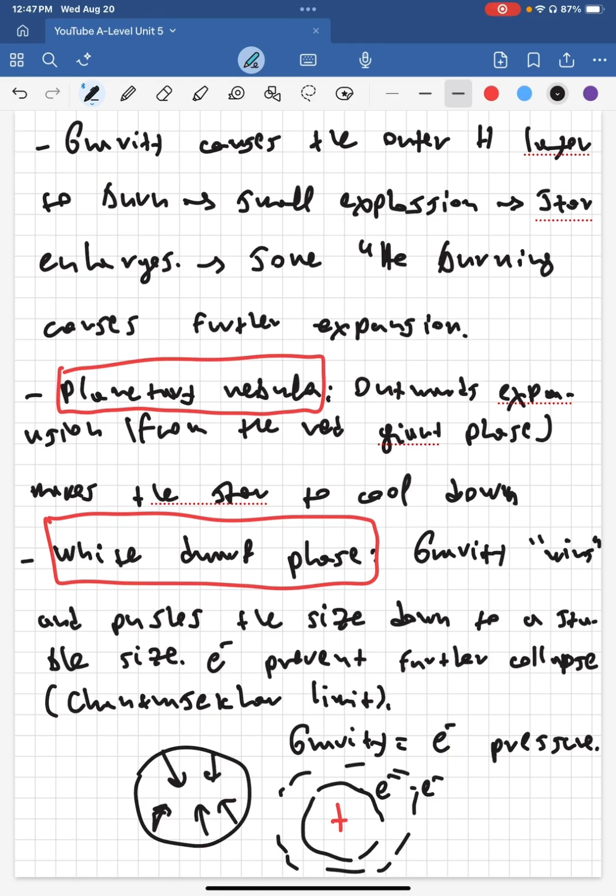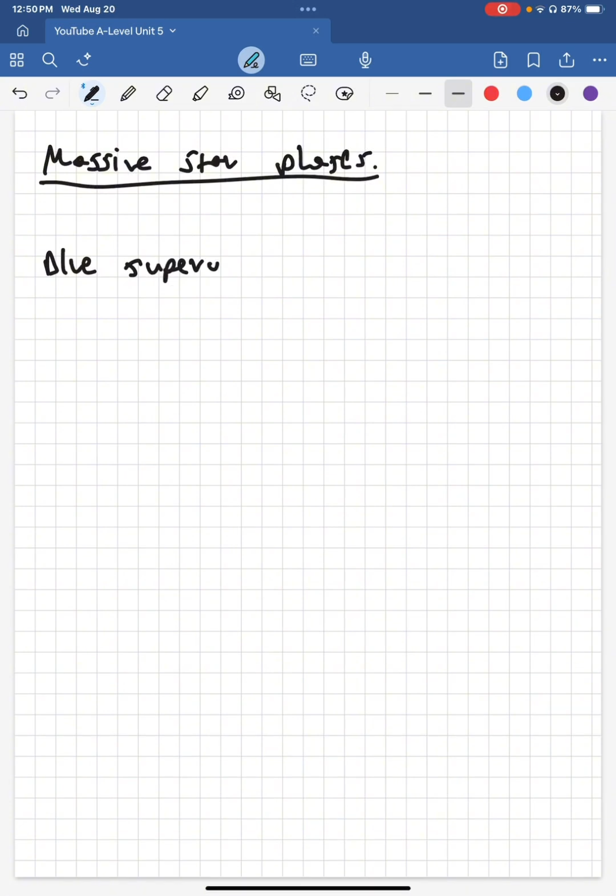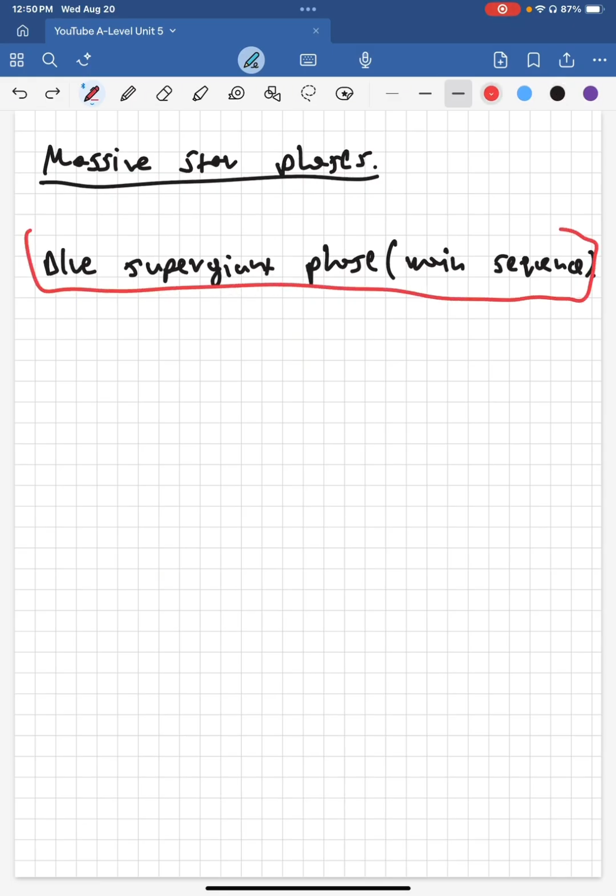Okay, now massive star phases. Okay, and let's start with the blue supergiant phase, which is the main sequence. Oops, let's use red for the box.